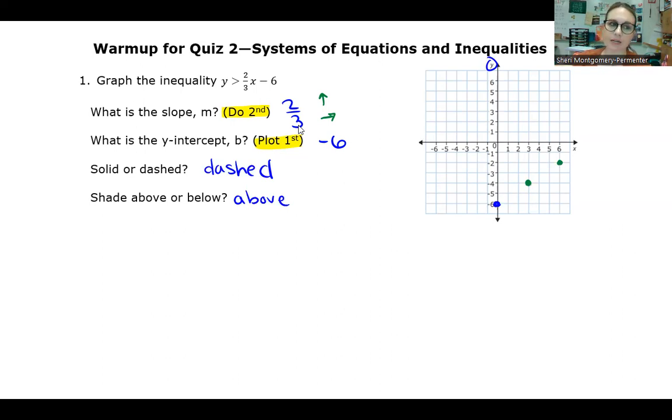Now I can connect the dots and make a line. Oh, this is dashed. I got a little bit ahead of myself. I'll make this dashed. It is a dashed line and I need to shade above.